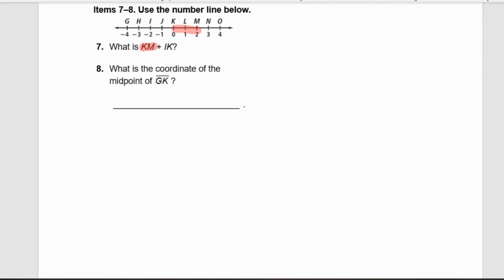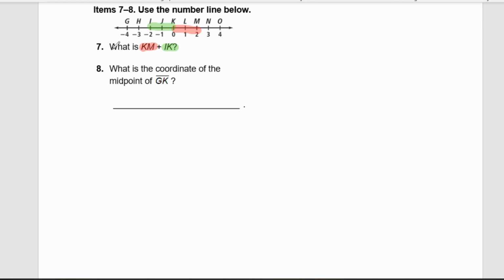Km is right here. And let's do Ik in this green. To go from I to K is good to go. And now I can visually see that I to K can be added to Km because where Ik stops, Km starts. So I can find their lengths and then I can go from there.